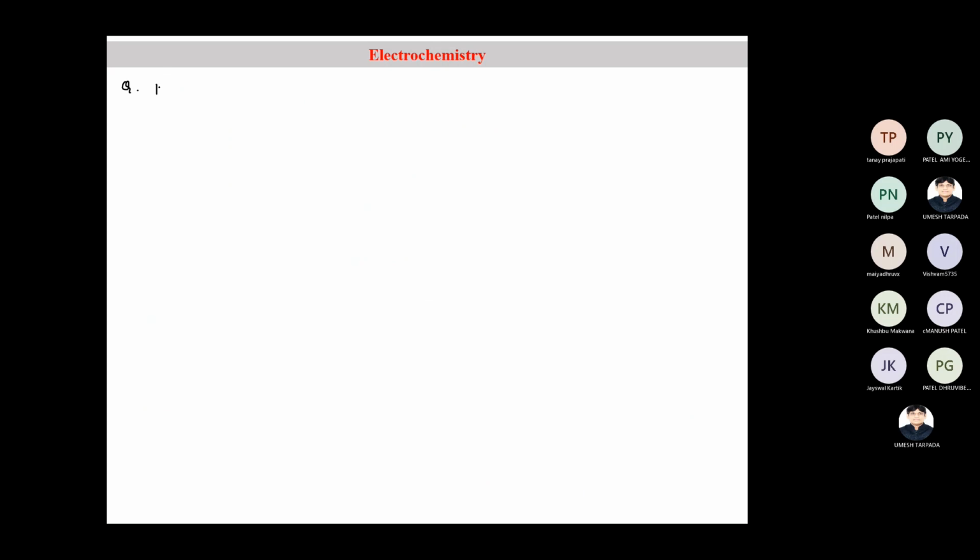Fe to Fe plus 2, its concentration is x molar, which is connected with copper plus 2 to copper, its concentration is 0.01 molar. Which one is anode and which one is cathode?